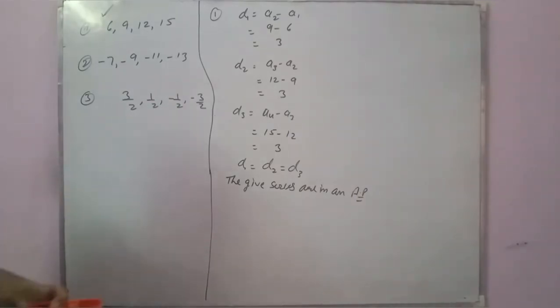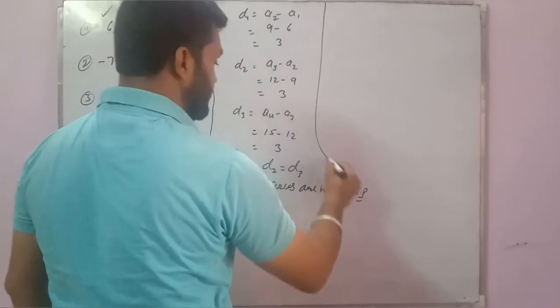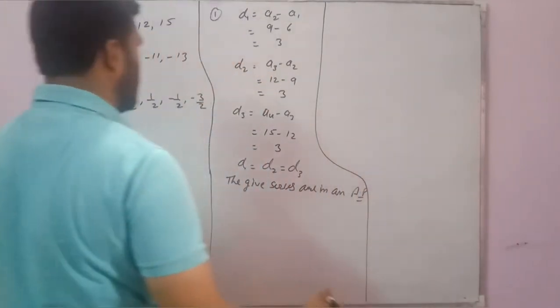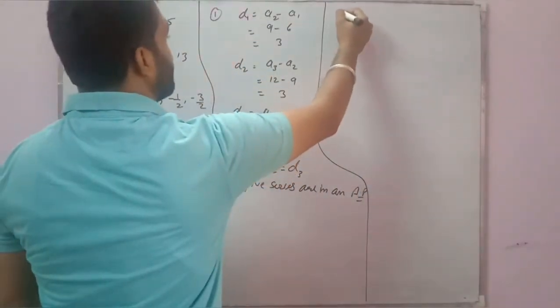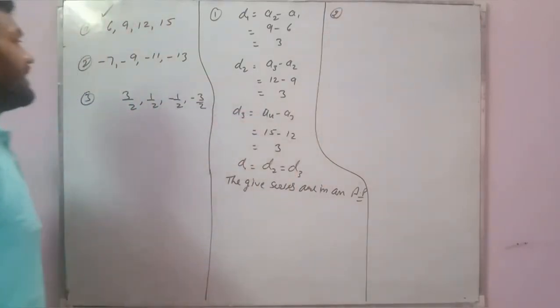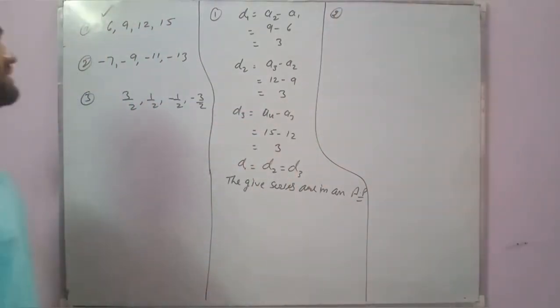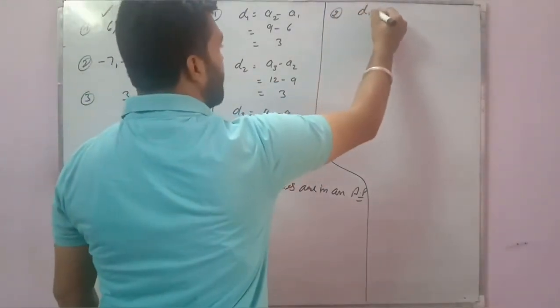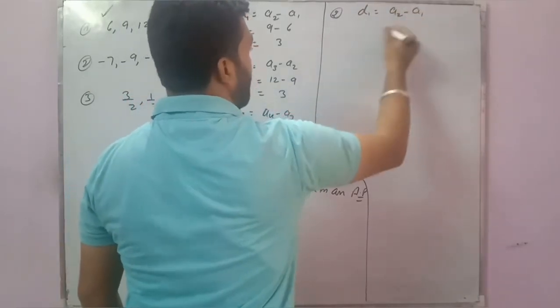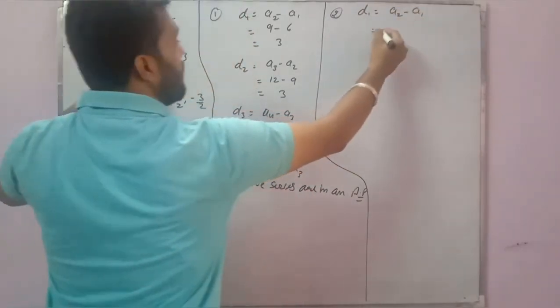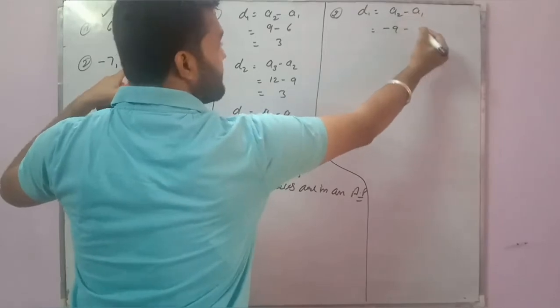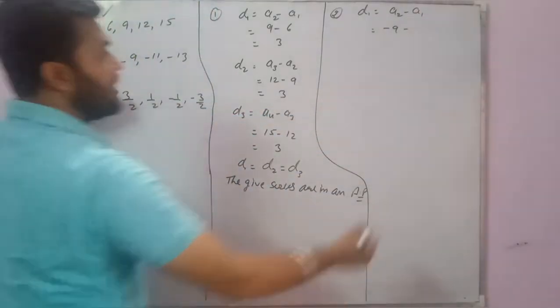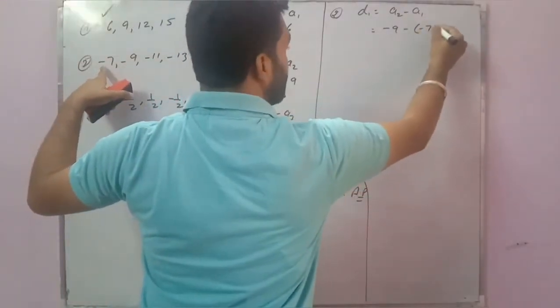Now we discuss example number 2. Minus 7, minus 9, minus 11 and minus 13. D1 is A2 minus A1. What is A2? Minus 9. Minus, and what is A1? It is minus 7.